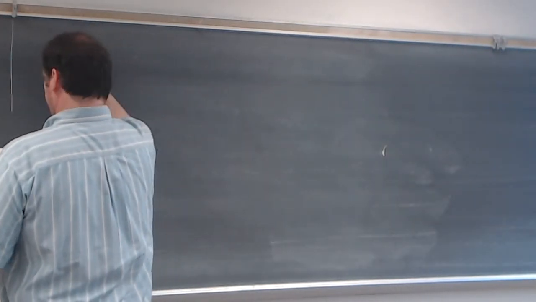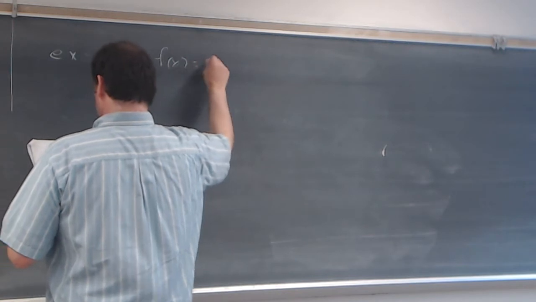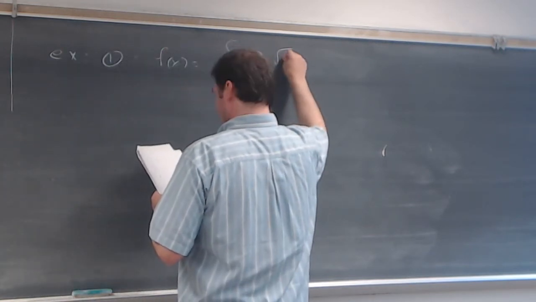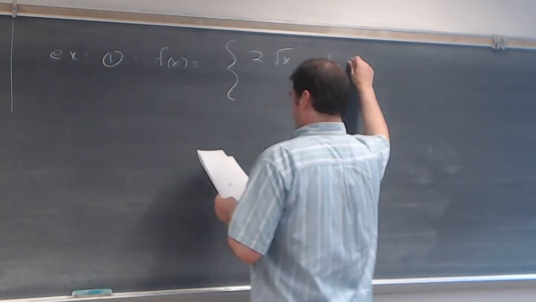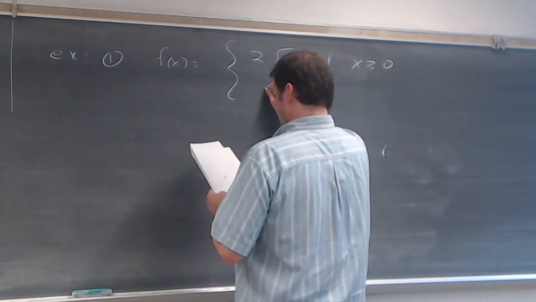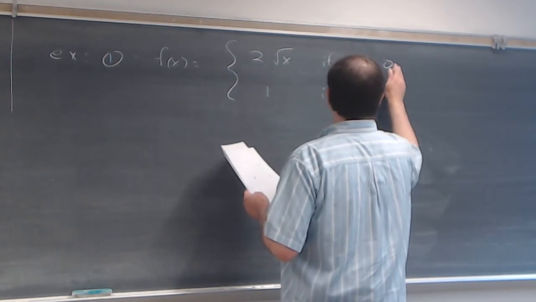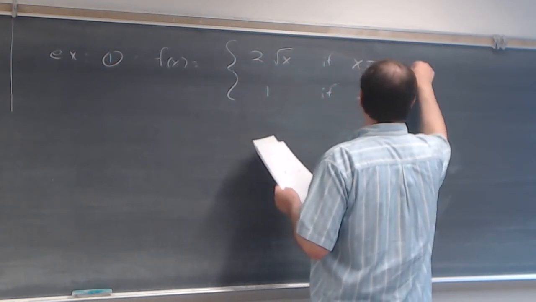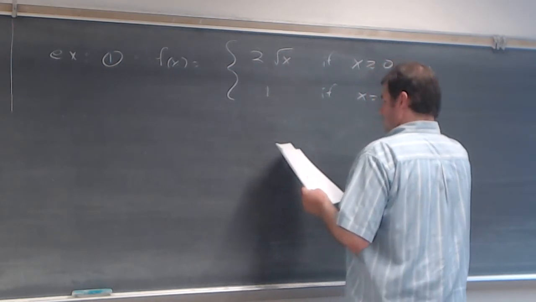As an example, the first one we'll look at, we'll define f(x) to be 2 times the square root of x if x is greater than or equal to 0 and x is different than 1. And it's going to be equal to 1 if x is equal to 1.